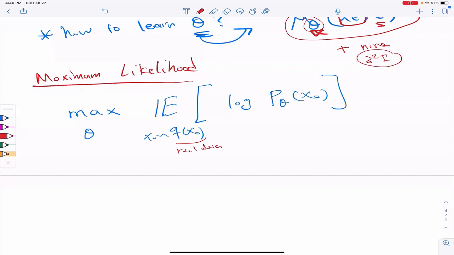I have samples from the real data. I'm going to compute the likelihood of each sample for a given theta, and I'm going to look at the average of those log likelihoods, which is the product of the probabilities, assuming that samples are generated independently, and find a good theta. That is it. You find a good theta, you can use it in your denoiser, and you have a generative process.